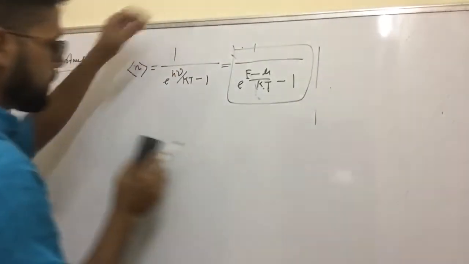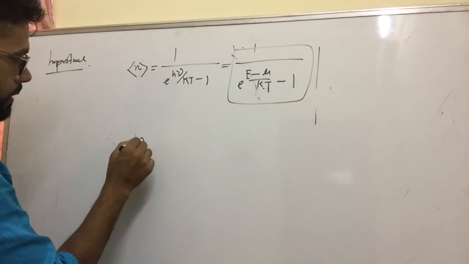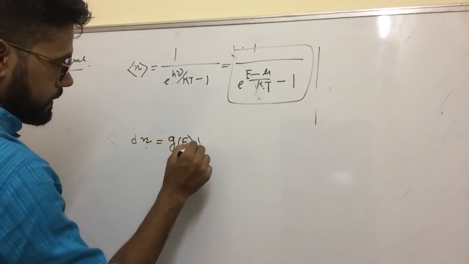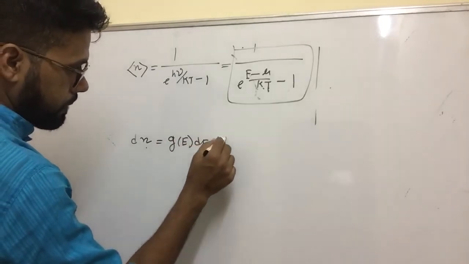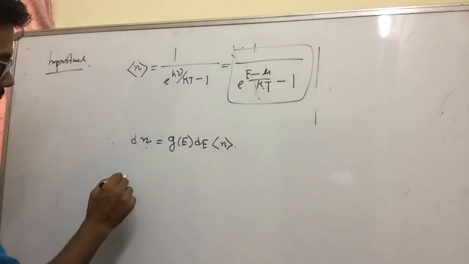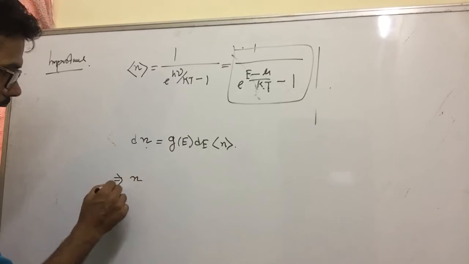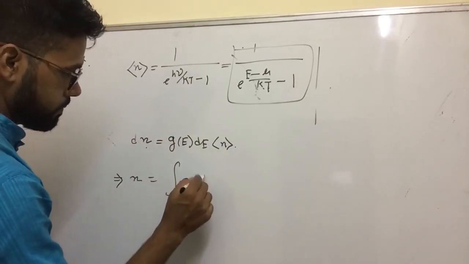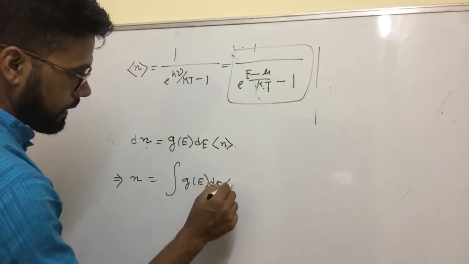Now the total number of particles: the small number of particles is equal to G dA into the average number of particles. So the total number of particles n in the box is equal to the integration of G dA into the average number.